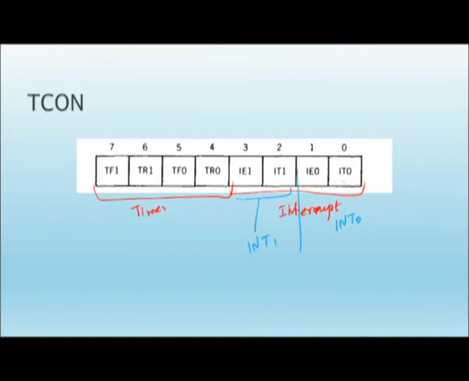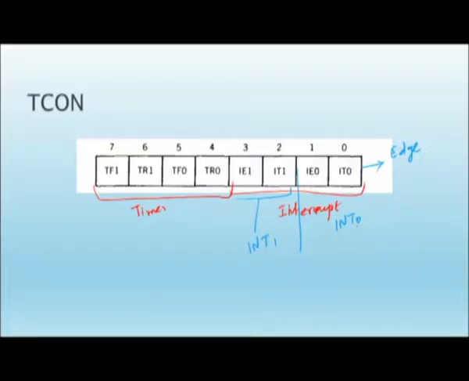These 2 bit positions for each interrupt: the first is used to select the interrupt type, whether it is level triggering or edge triggering. Mostly flip flops are activated to activate the interrupt with either level triggering or edge triggering. Level triggering means the signal is activated either with the high level or with the low level.